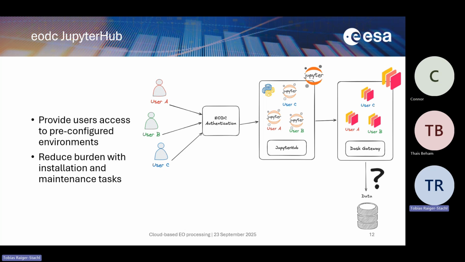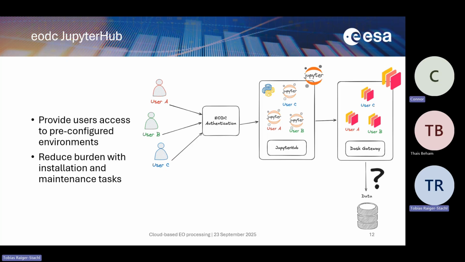If you need some more libraries, you can directly install them in your JupyterHub instance. The only thing you need is a stable internet connection, your laptop, and a web browser. And this again reduces the burden of installation and the maintenance tasks of your Python environment.